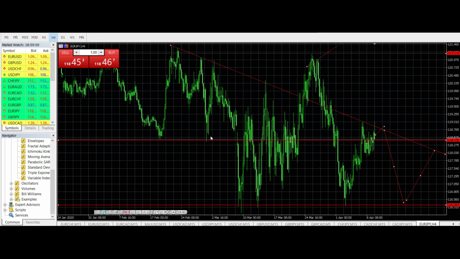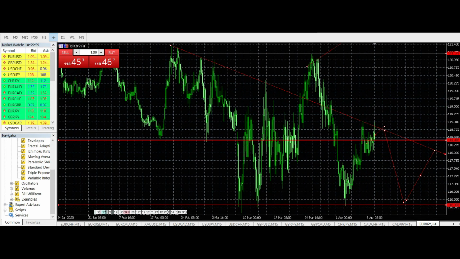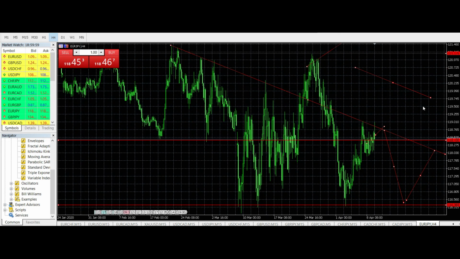For example, here we don't see a channel, but you may see something like this where we have a falling resistance and a falling support, so you will know that the price will move in this channel. Obviously here we have a downtrend because it's a falling channel, and you know that the price will test the resistance, go down to support, test resistance, and again go down to support.